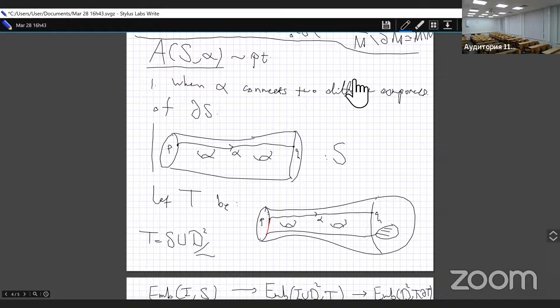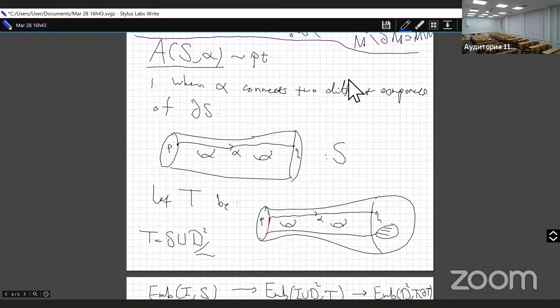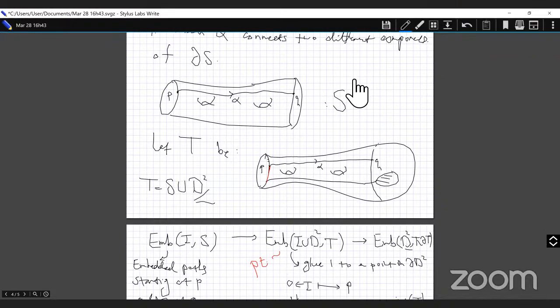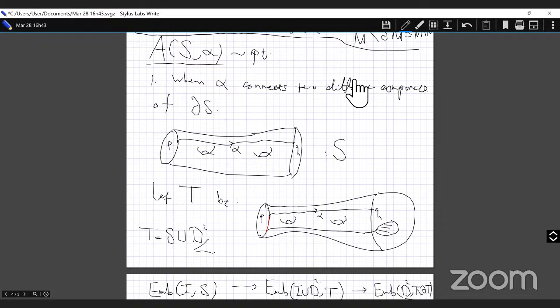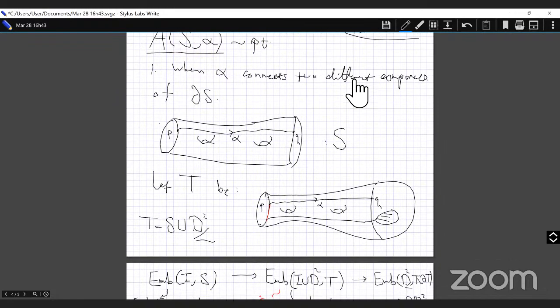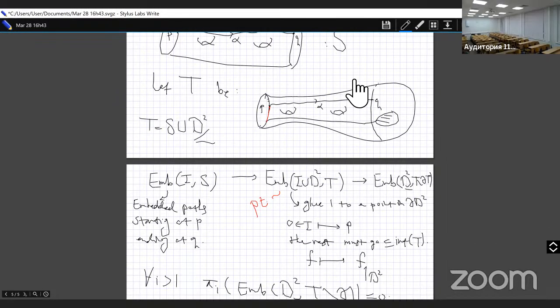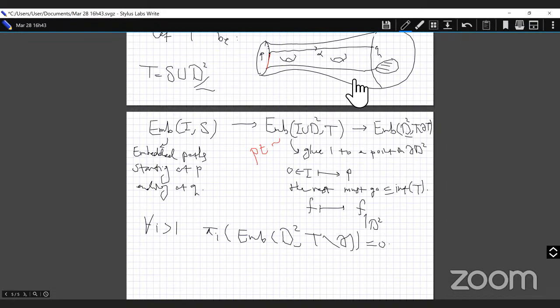Okay. So we need to. Chris, does this make sense? Go down. So what is the claim that's supposed to make sense?